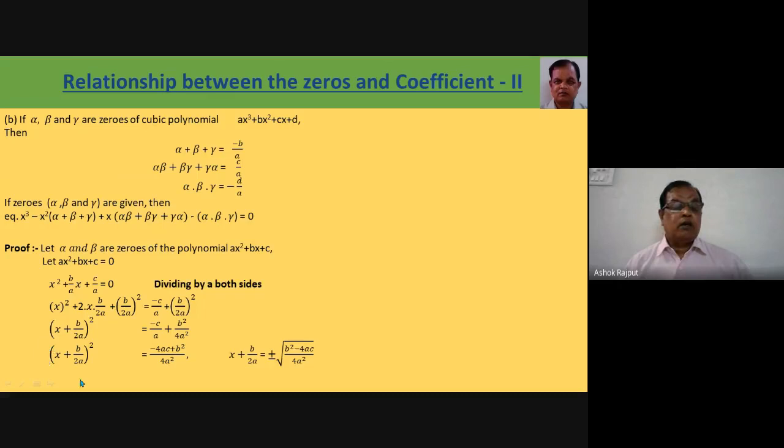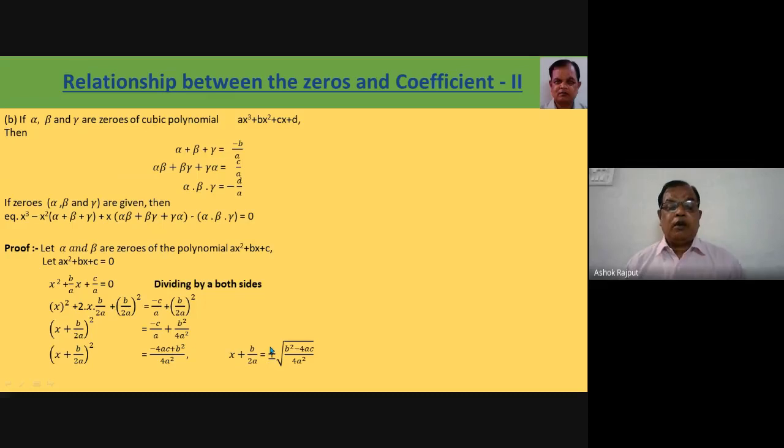Now because here it is a whole square, but we want to find the value of x only, how many roots are there. So we will find the square root of the left side, and taking square root on both sides we can say x plus b by 2a equal to plus minus under root b square minus 4ac upon 4a square.